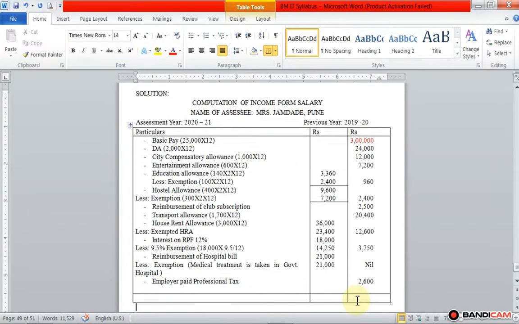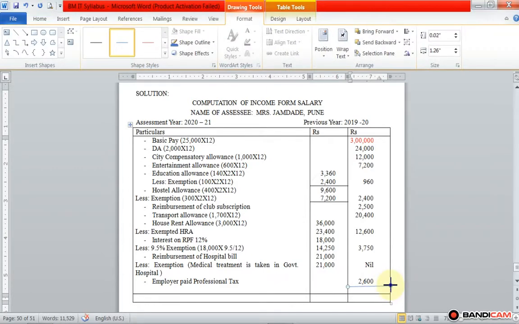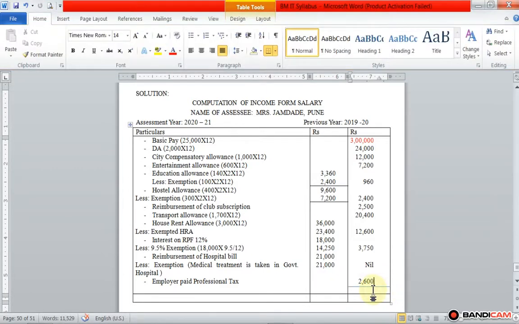Make a total of the outer column, and the total is 3,88,410. 3,88,410 is the gross salary of Mrs. Jamdade.